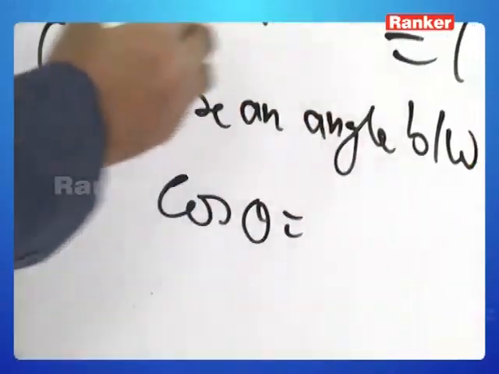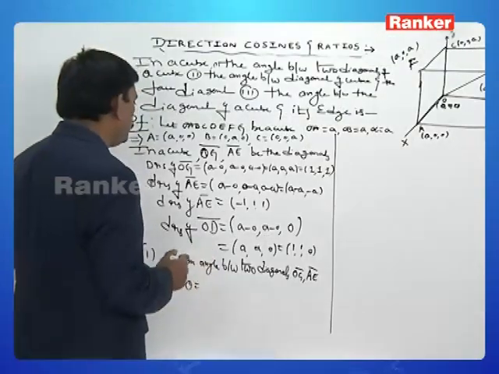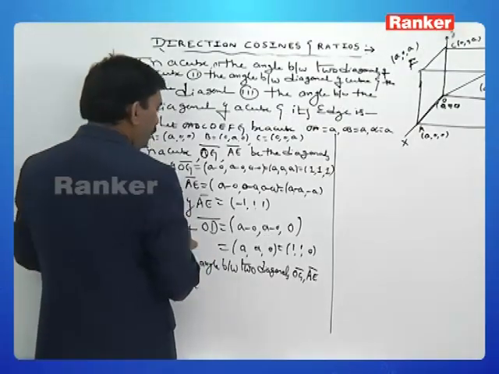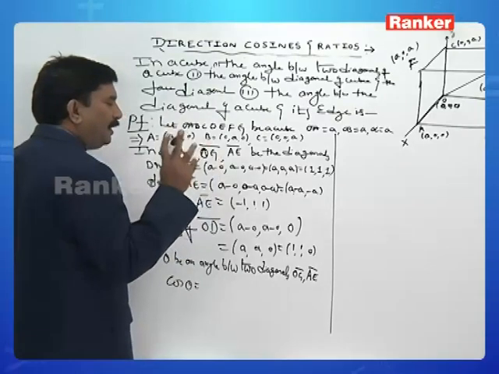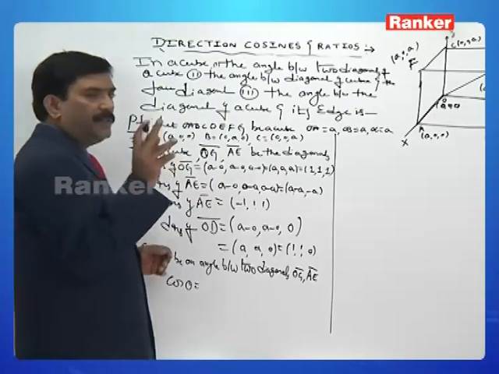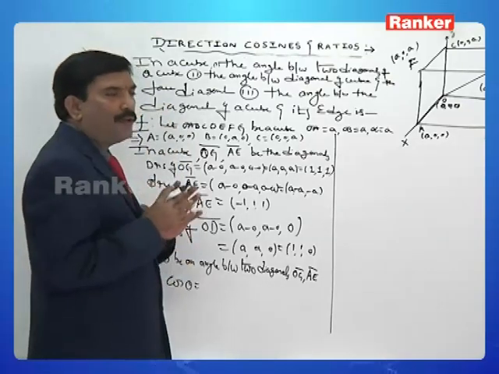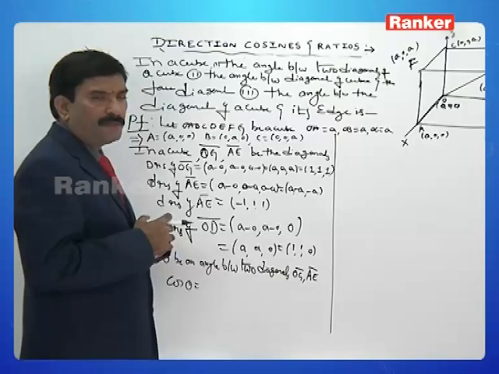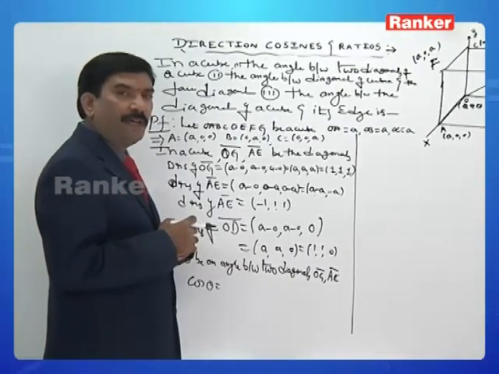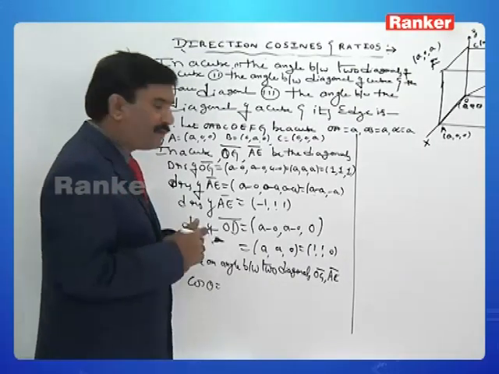Therefore cos theta is equal to (a1a2 plus b1b2 plus c1c2) by square root of (a1 square plus b1 square plus c1 square) into square root of (a2 square plus b2 square plus c2 square).